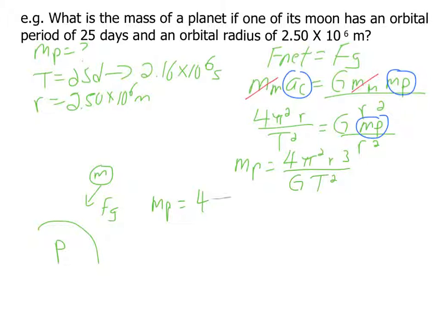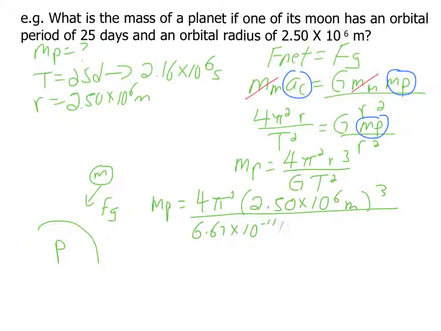So now let's do some substitution. Equals 4 pi squared, r we are told is 2.50 times 10 to the 6 meters, that number cubed, all divided by 6.67 times 10 to the minus 11 newton meters squared per kilogram squared, and our period, we converted it to 2.16 times 10 to the 6 seconds.